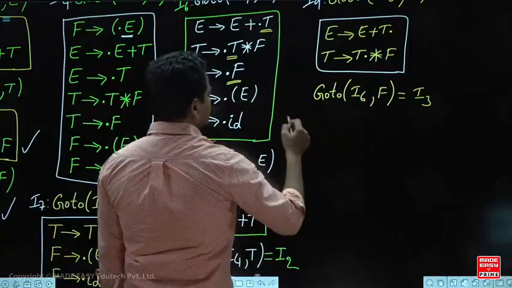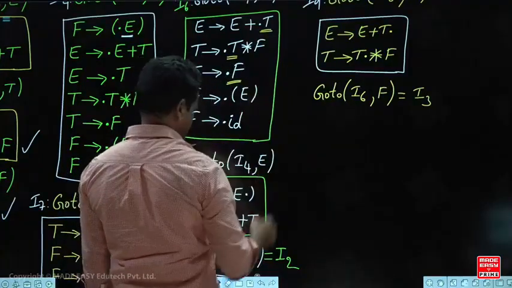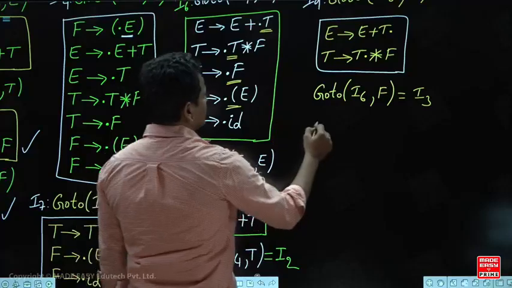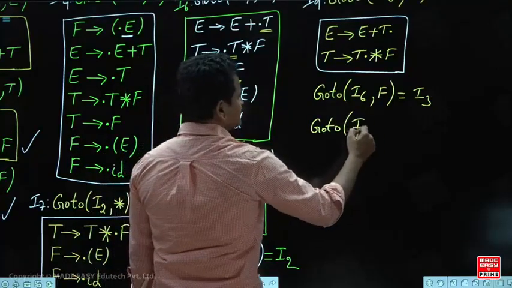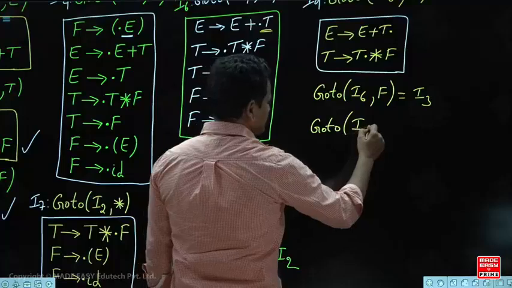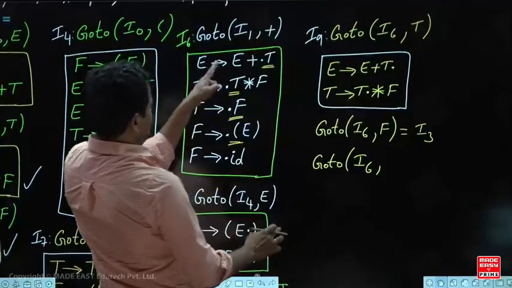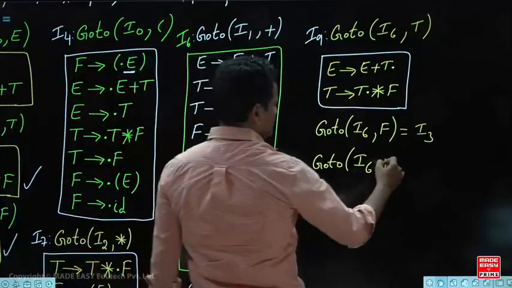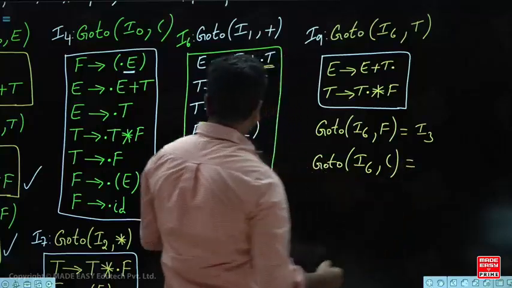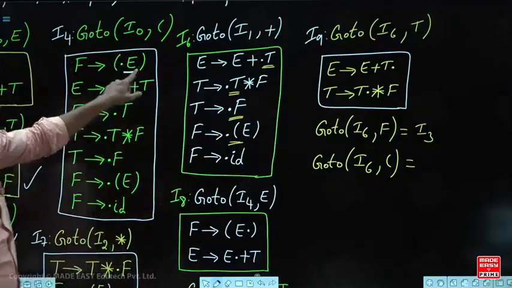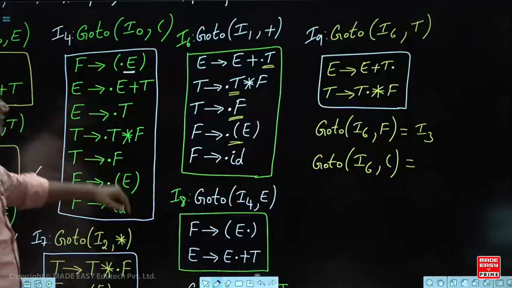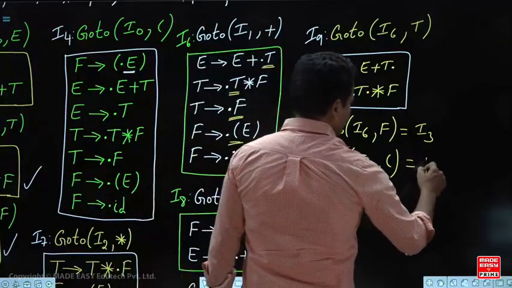Okay, next, this is done, and come to this one. Go to of I6 comma open. If I write I6 comma open, this dot will come to open dot E, again E, again T, again F, which you get I4 only.